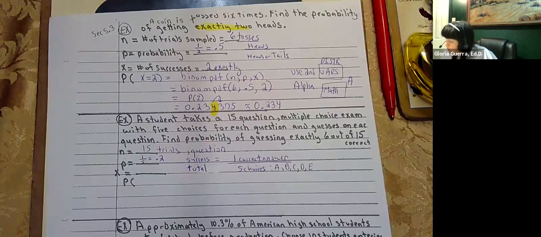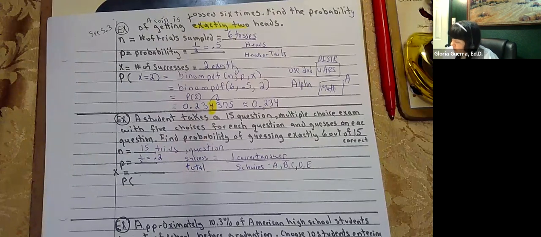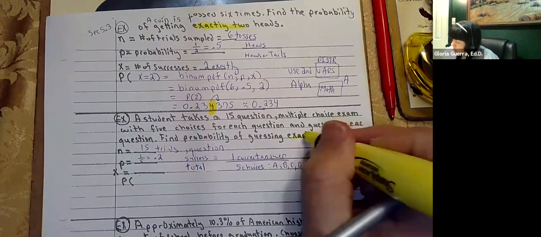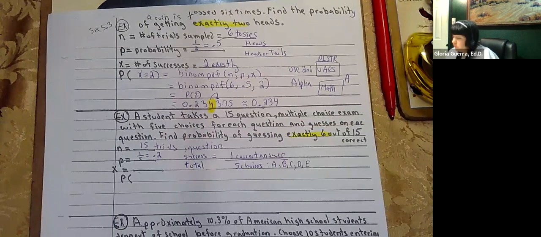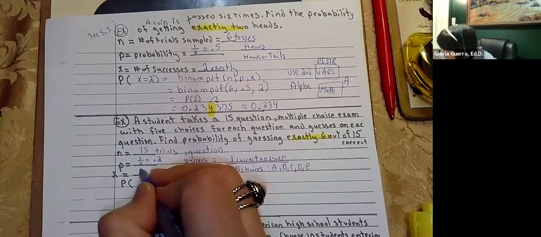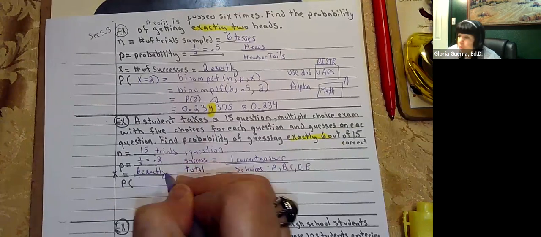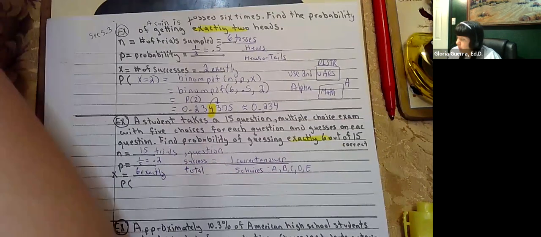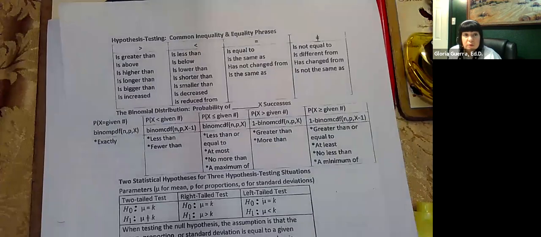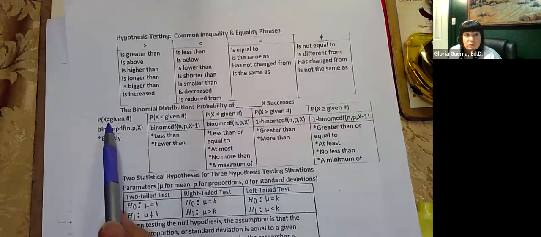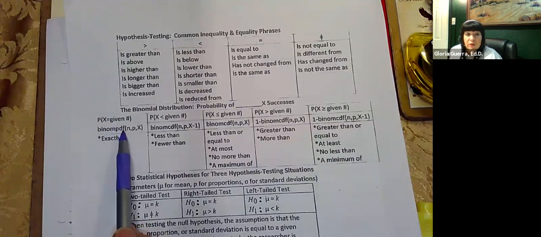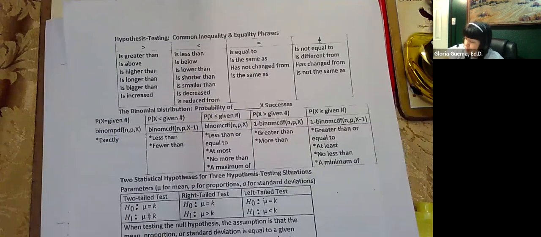Find the probability of guessing exactly 6 out of the 15. So it's exactly 6. Again on the exactly, X equals 6, binomial PDF in PX.